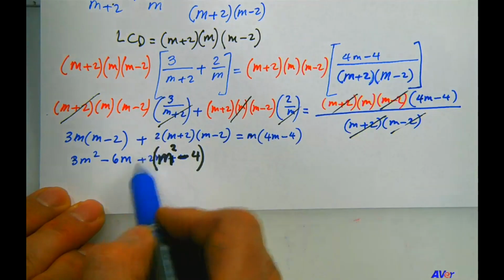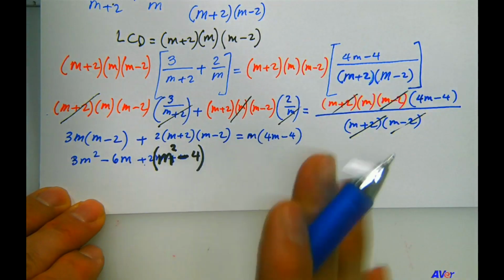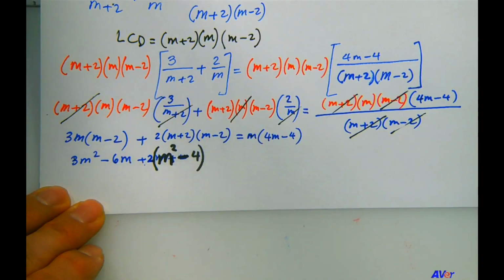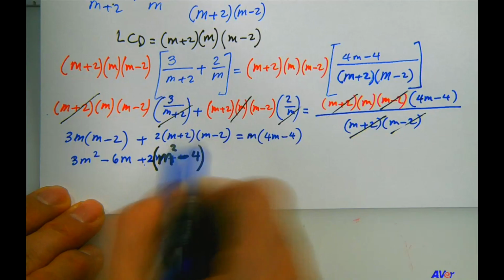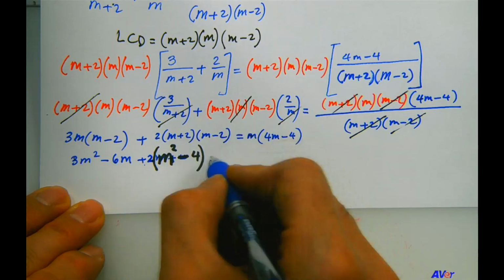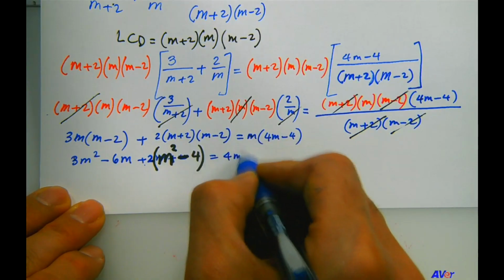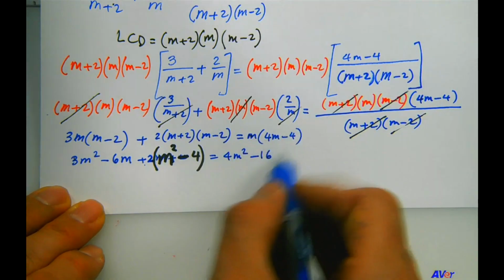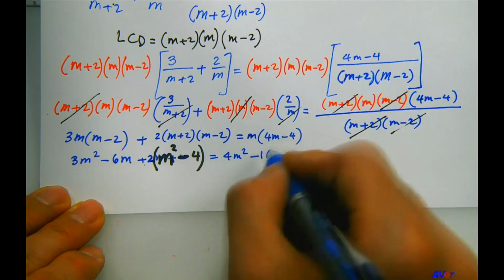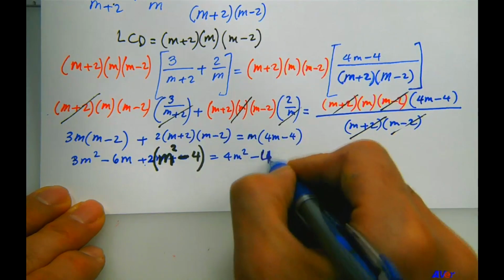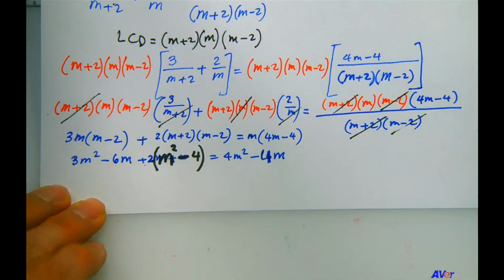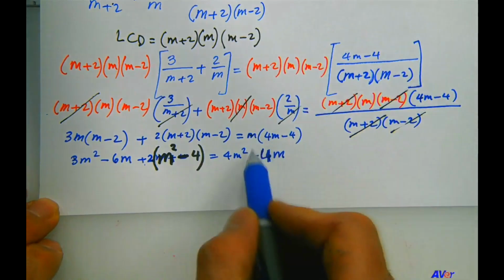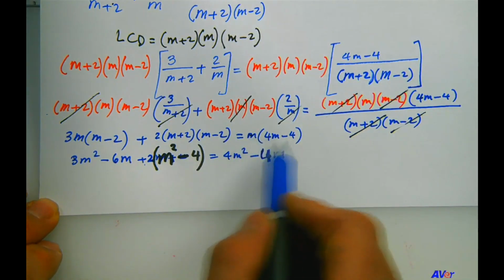I still kept the 2 on the outside. I didn't want to distribute it yet because I want to make sure that everybody's following this. So I kept the 2, multiply those, you get m squared minus 4, equals 4m squared minus 4m, sorry, 4m squared minus 4m. I am worried about running out of room here on the page, but let's see.